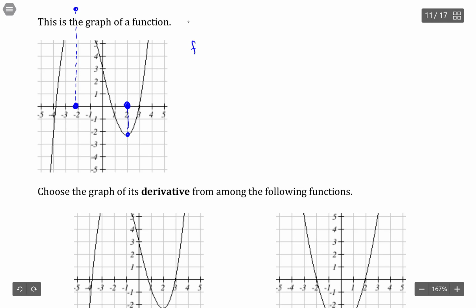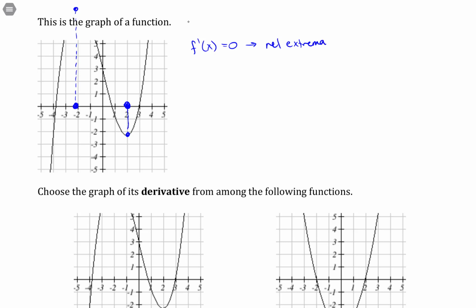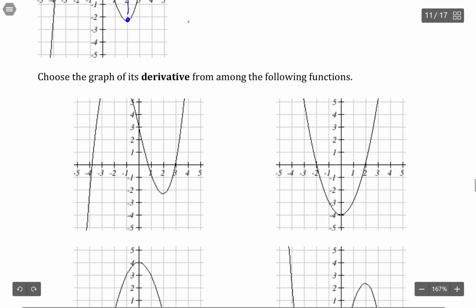Because that's just a principle. So critical numbers occur where the first derivative is equal to 0, and that's where we have relative extrema. So right away, we know that we should have -2 and +2 as zeros.